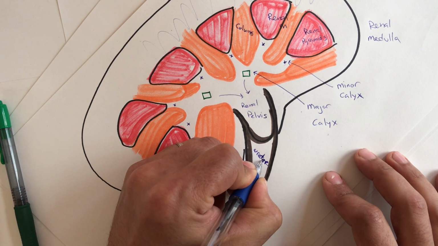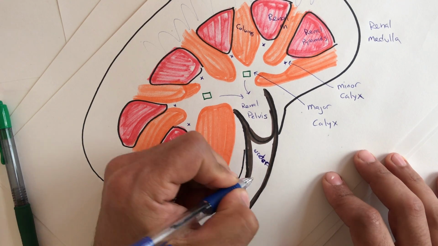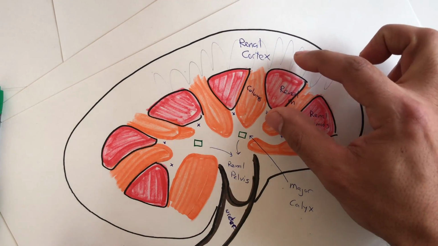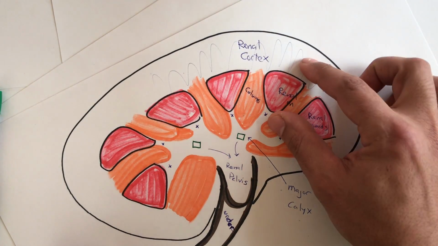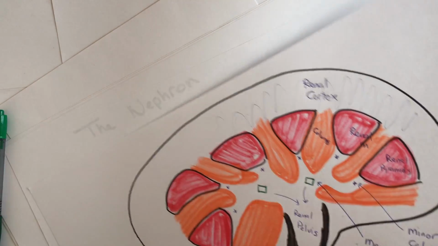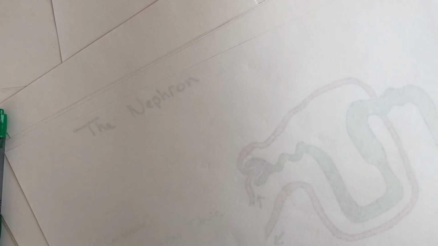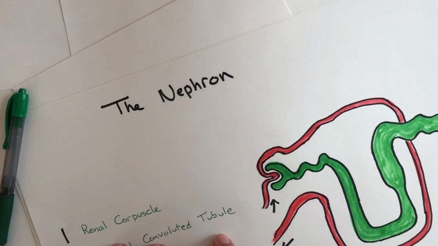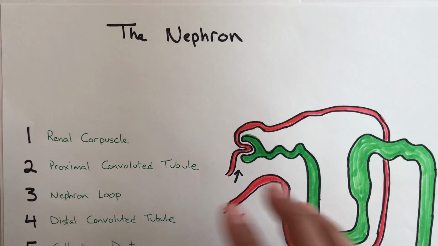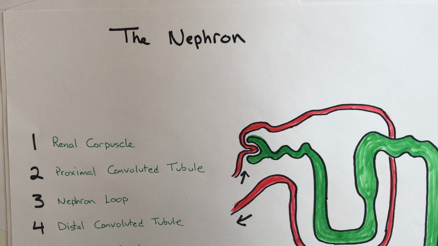Now we're going to zoom in even further, and we're going to look at what occurs right here. The functional unit of the kidney, of which we have millions, is called a nephron, one nephron.